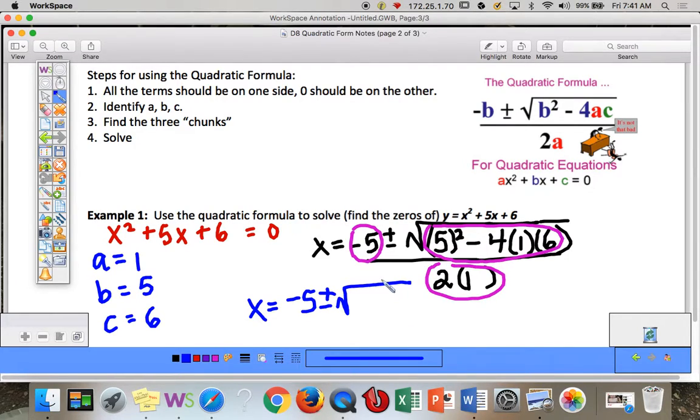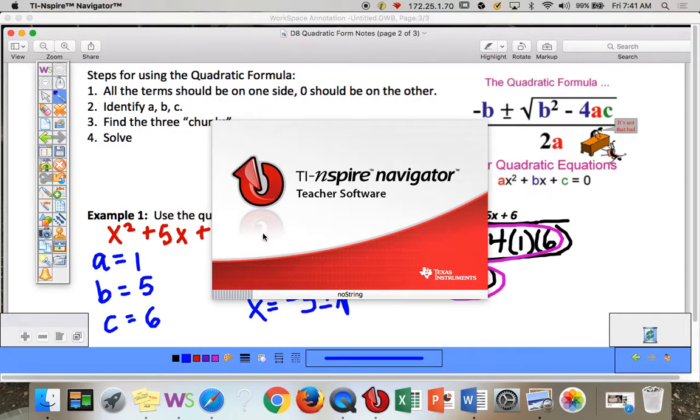When you do that, maybe I'll show you what that looks like. It'll take a second for this to pop up. But again, you just type in the stuff underneath the square root sign. Don't do the square root yet. I know this is 25 minus 24, but I'll show you what it looks like up here.